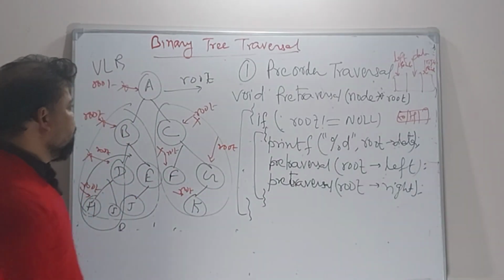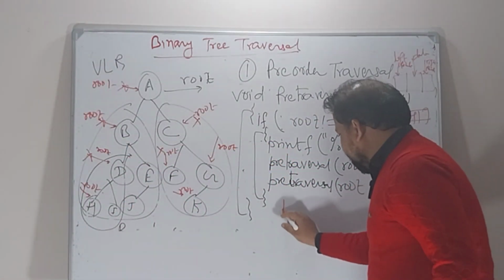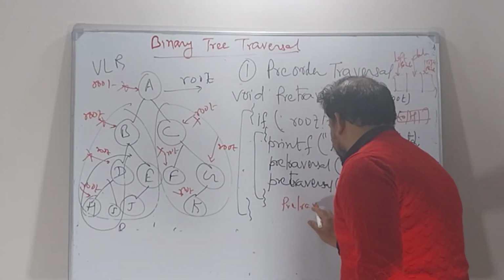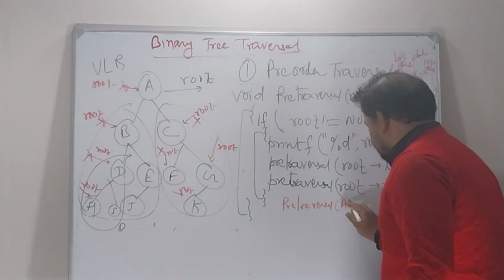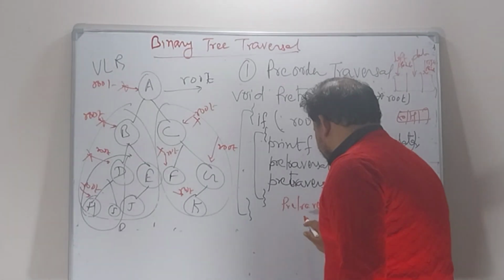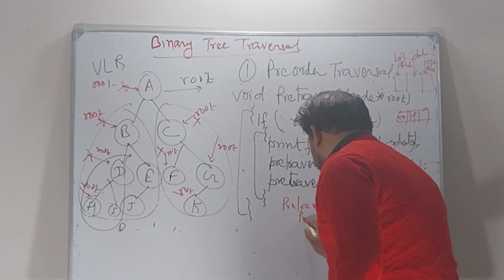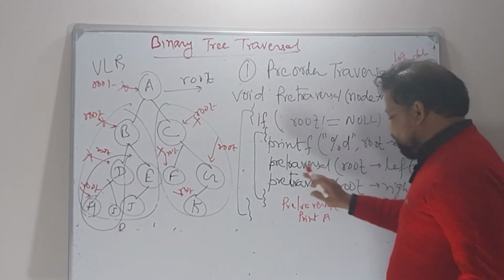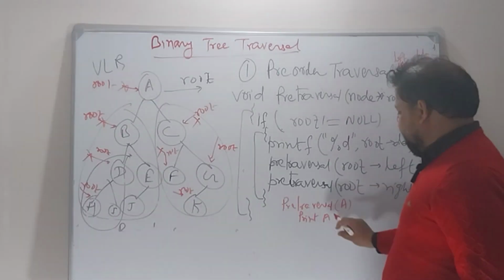So first of all, what exactly will happen if I call this function anywhere? It will call first pre-traversal A, because I am passing here pre-traversal A. What exactly will it do? It will print A. Then here I try to simply make a stack of the things in which way it is working.